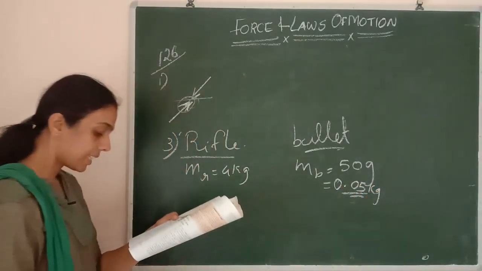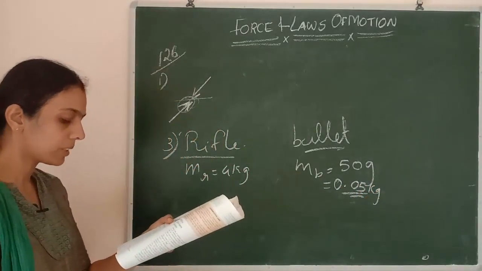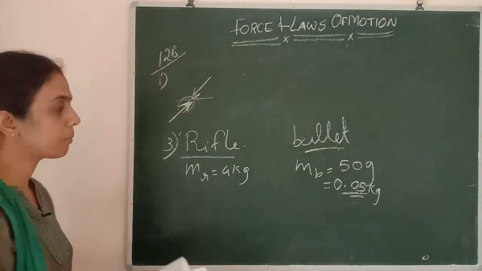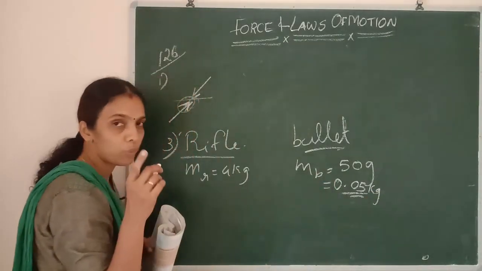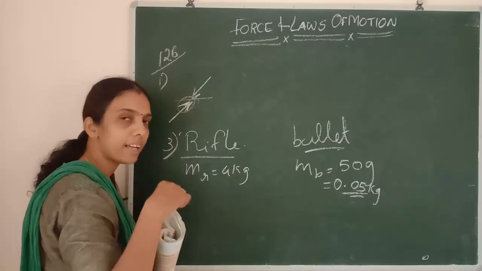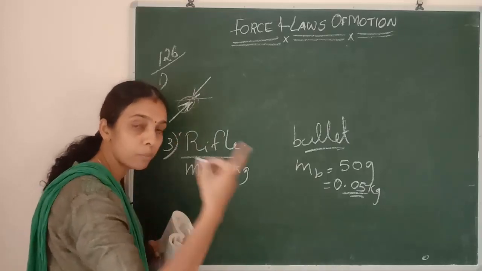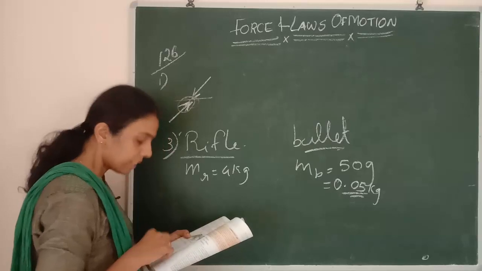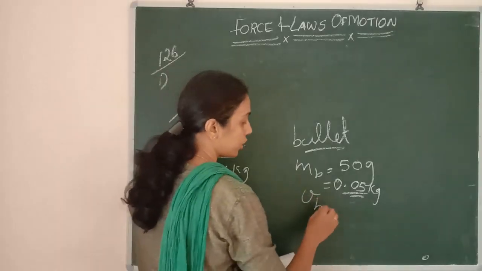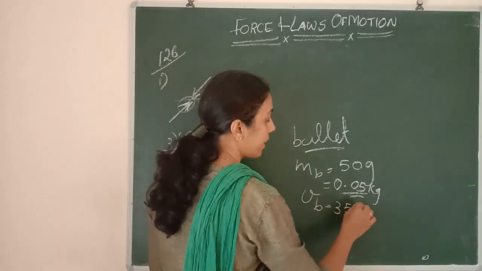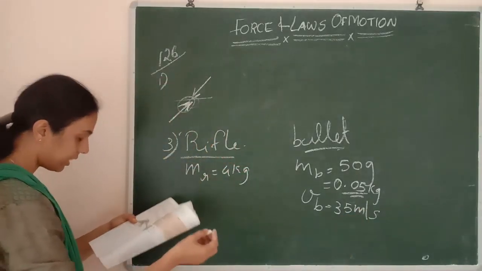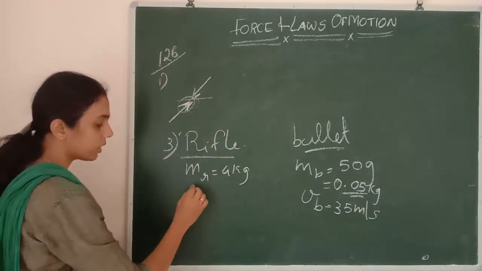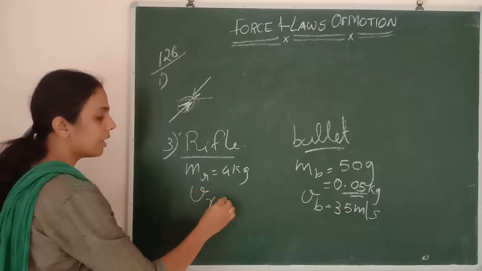Okay, and it is fired with an initial velocity of 35 meter per second. So initially both were at rest. Afterwards the bullet starts moving with a velocity of 35 meter per second. So velocity of the bullet equals 35 meter per second. We should find out the recoil velocity of the rifle.